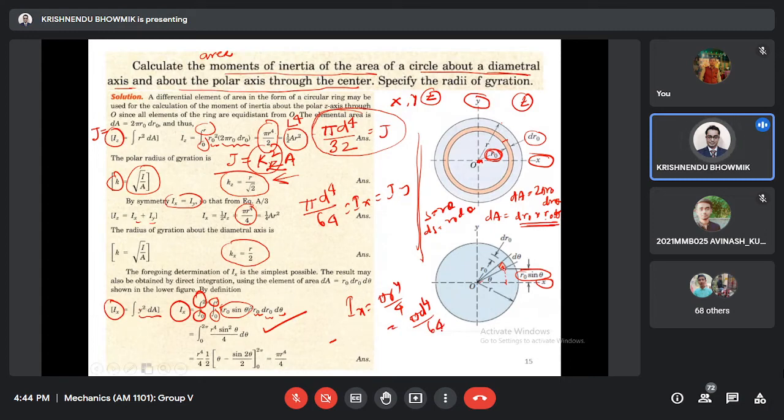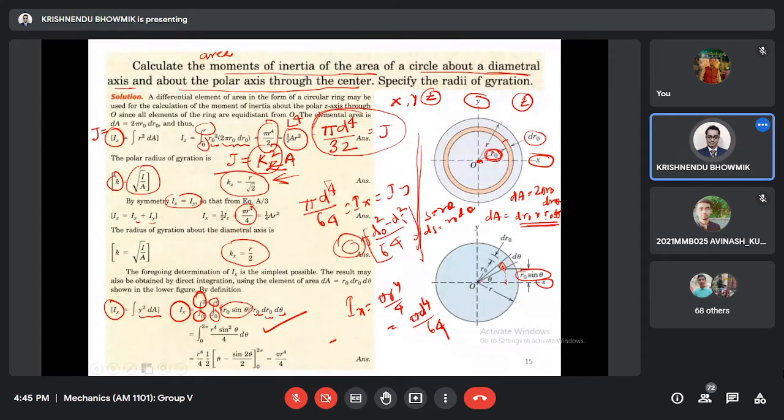Now, instead of a solid circular cross section, somebody can have a hollow cross section, like a hollow pipe. So it is pi by 64 times d outer power 4 minus d inner power 4.